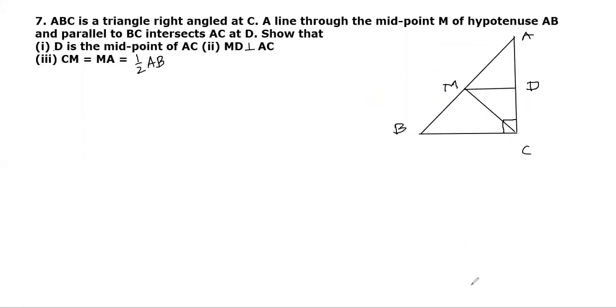Okay, so the last question of this exercise 8.2. ABC is a right angle triangle. M is the midpoint of hypotenuse AB. So M is the midpoint, so this will be equal to this. Show that D is the midpoint. So M is the midpoint, MD is parallel to BC and intersects AC.